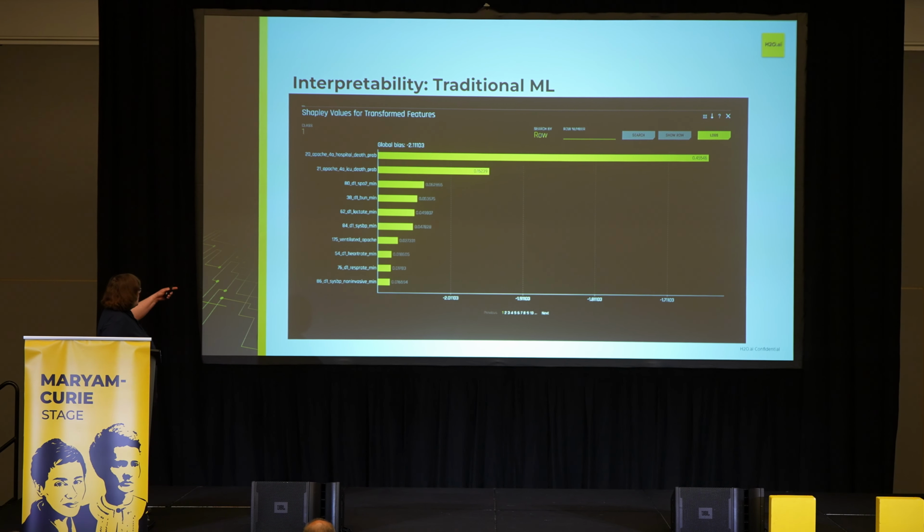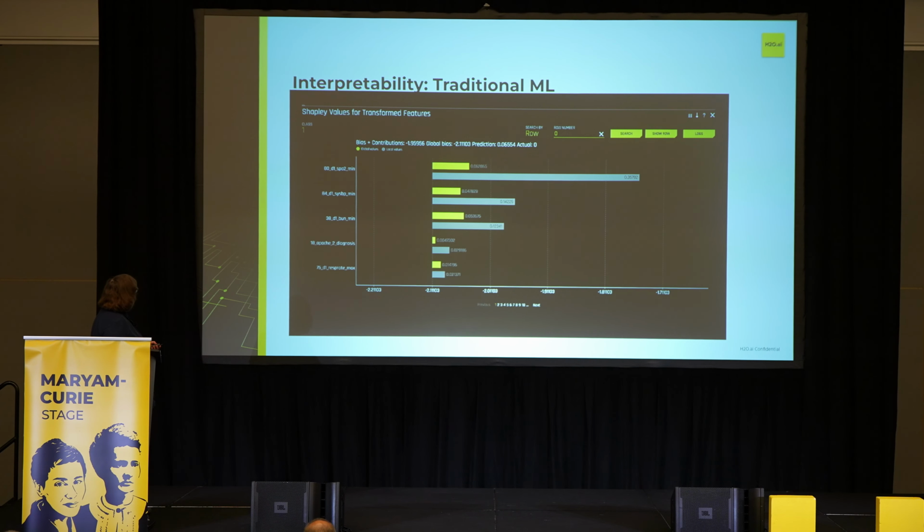And this is globally which of the features were used the most across a number of different patients. But we can also pick a specific patient, say the first patient in the data set, and compare which features were important to the first patient in the data set compared with what was most important globally across patients in the data set.